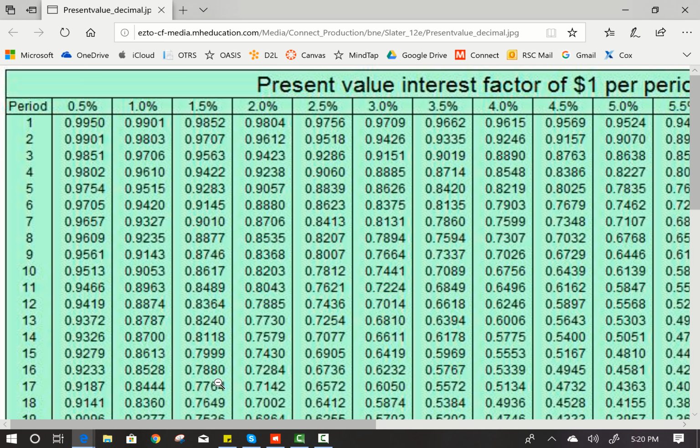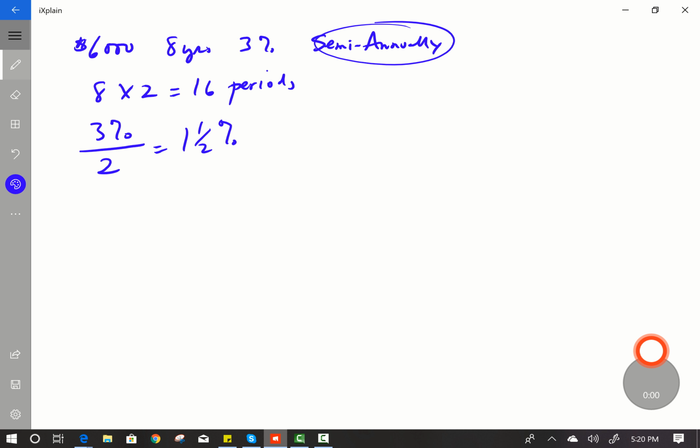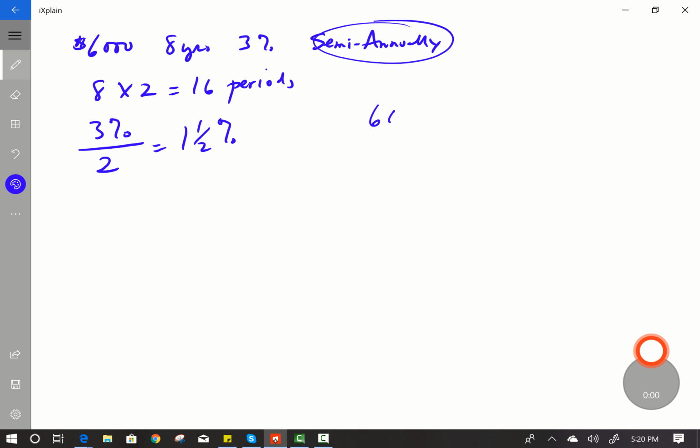Okay, so that's the corresponding factor, 0.7880. So I'm going to take $6,000 times 0.7880, and that will equal the present value of $4,728.